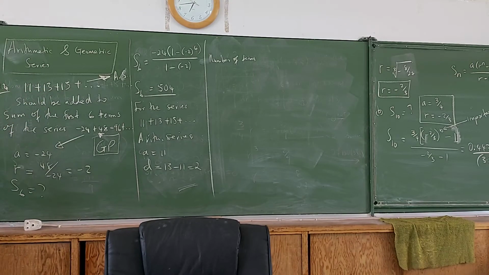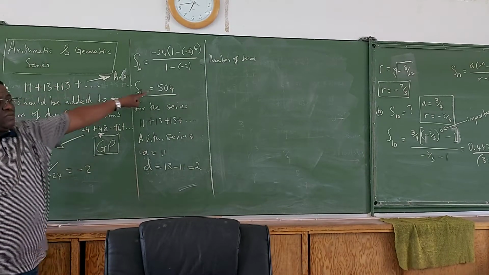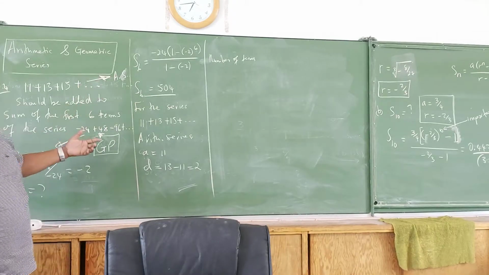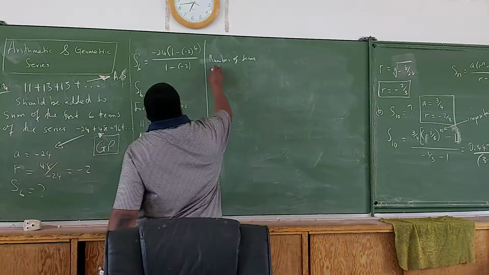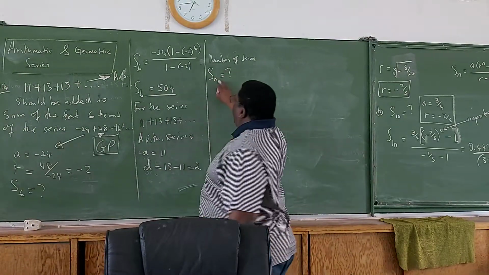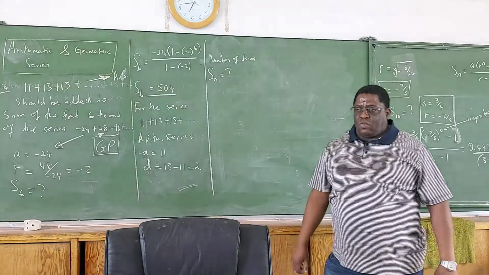Which formula are we using, T sub n or S sub n? It's a series, so we want to know how many of these should be added to give you that. So it's S sub n, and n is the unknown.